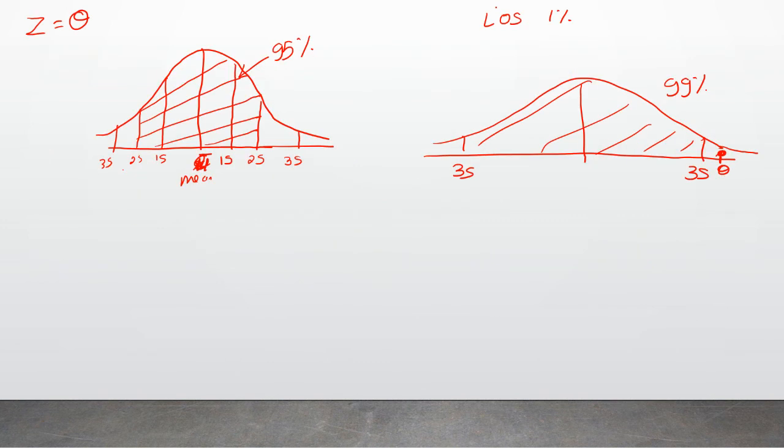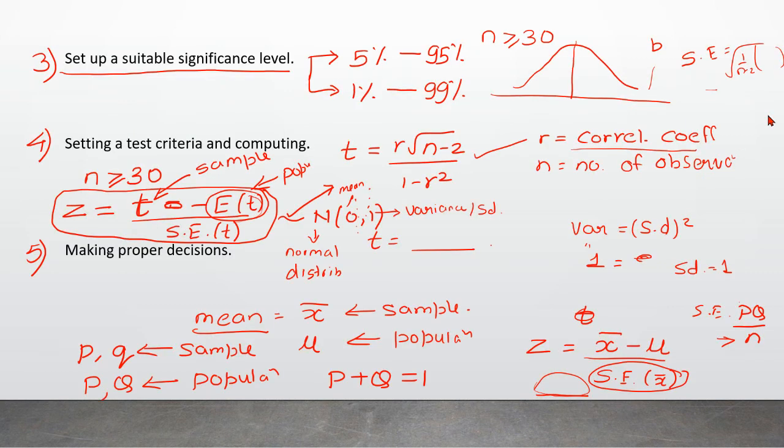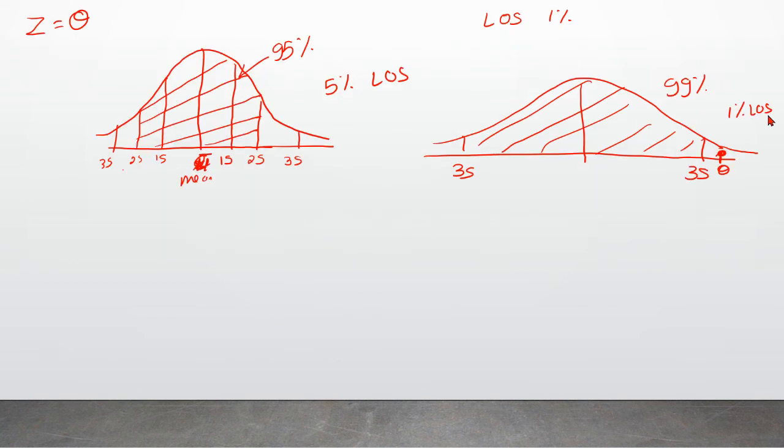So this is 95% confidence level, that is 5% level of significance. And this is 99% confidence level, that means 1% level of significance. Now, at the third step, suppose you have set it up as 1% level of significance.